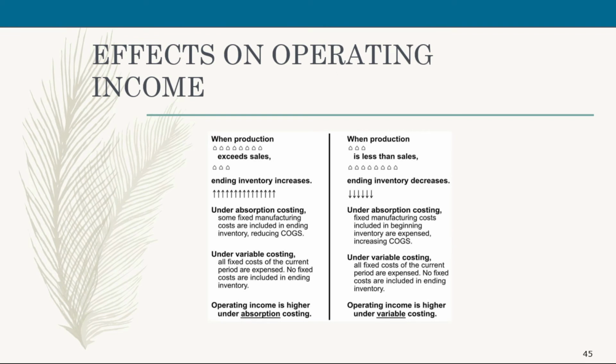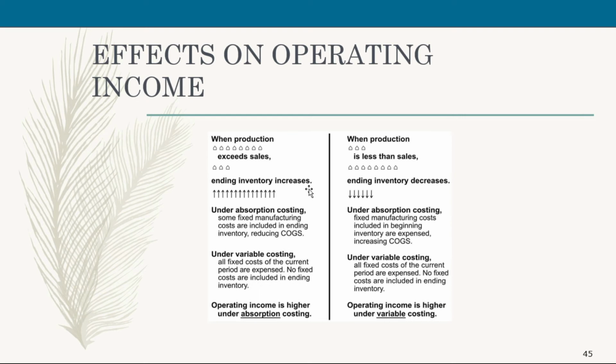Okay. So here is a summary of the effects on operating income in two different scenarios. When your production is higher than your sales, your ending inventory will automatically increase. Why? You only have a small amount of sales, and of course there will be a remaining inventory.